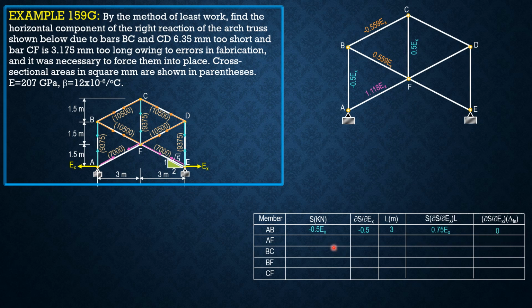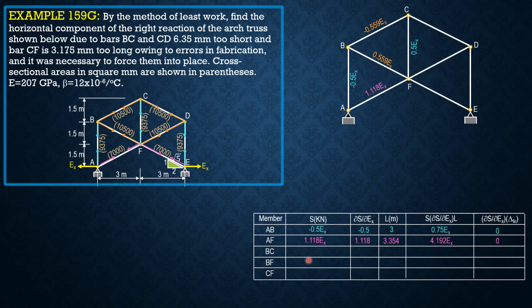For AF, it's 1.118 EX, partial derivative 1.118. The length is 3.354 meters, then the product 4.192 EX, then AF is not involved in fabrication error, so 0.